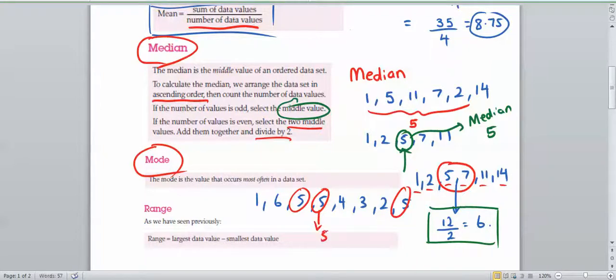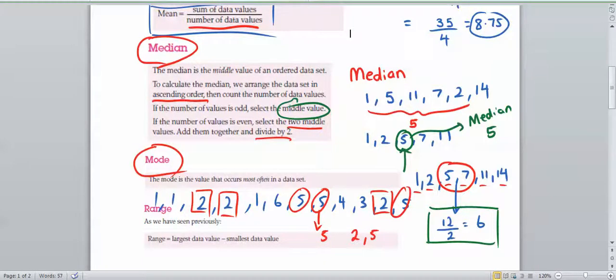Now if you have two things, let's just say if we added a 2 and a 2, you can see there that we've got 3 2's now and 3 5's. So this is what we would call bimodal. There's two values, so the mode now would be 2 and 5. And of course, if we introduced 2 more 1's, then that would be multimodal.